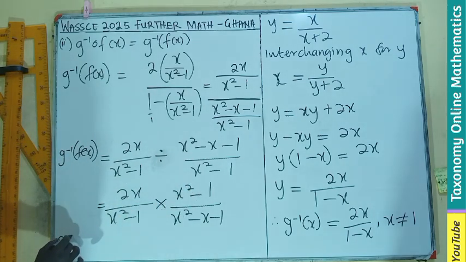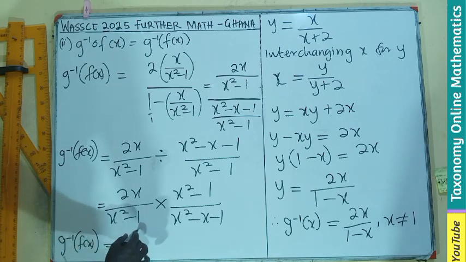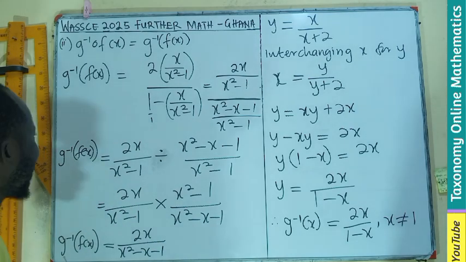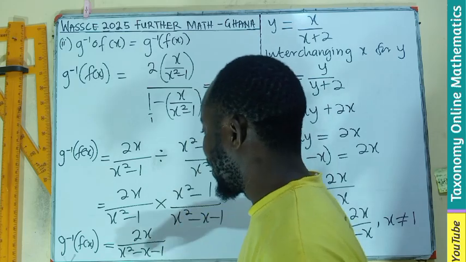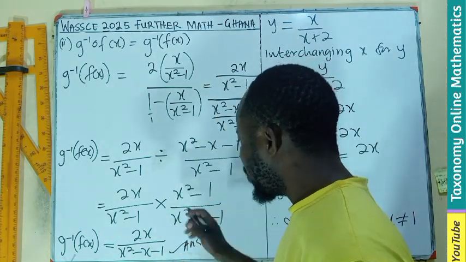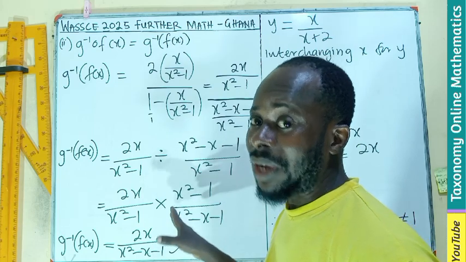So your g prime of f of x will be nothing but 2x in the numerator divided by x squared minus x minus 1. I think the second question is asking us just to find this, so this becomes the final answer for the second part of the question.